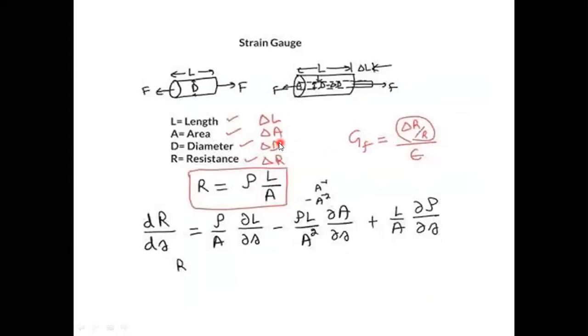Let us suppose this is a strain gauge material having cross sectional area A. D is the diameter of the strain gauge wire and L is the length of strain gauge wire.